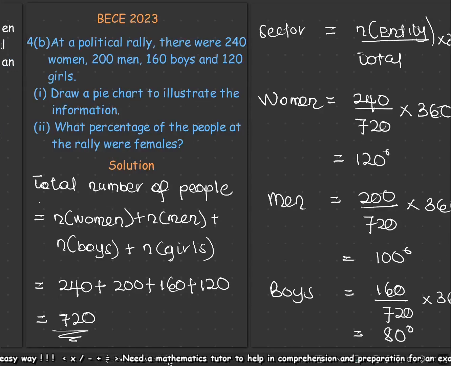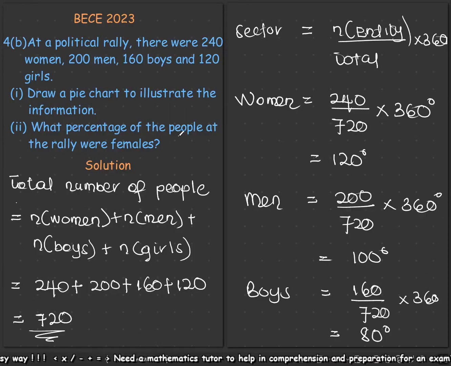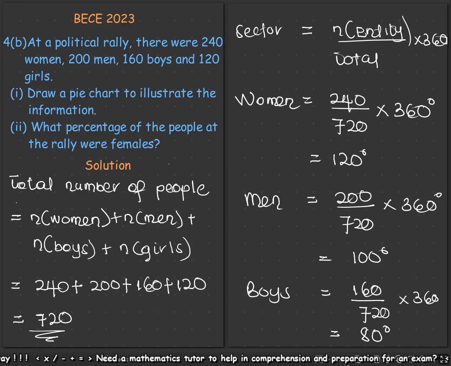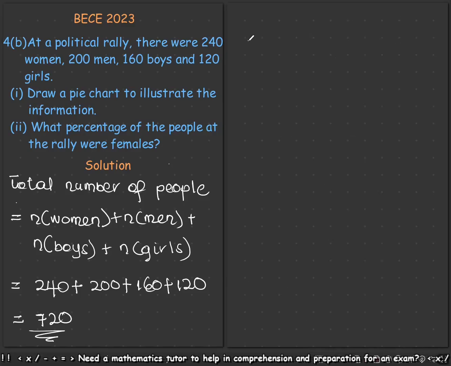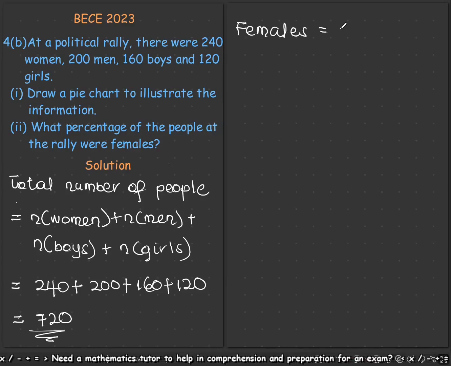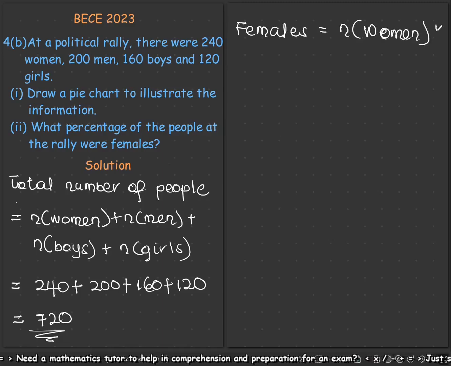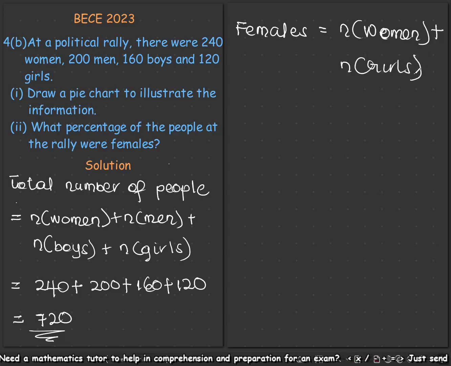Now the next one says, what percentage of the people at the rally were females? Now we know female, when we talk of female, then we mean the number of women, plus the number of girls, you see.